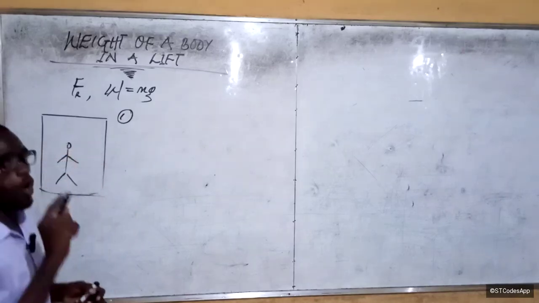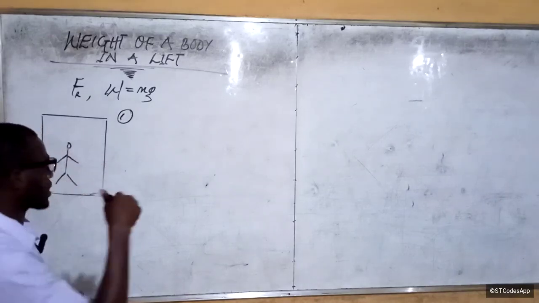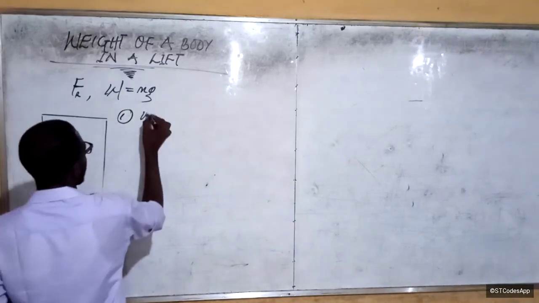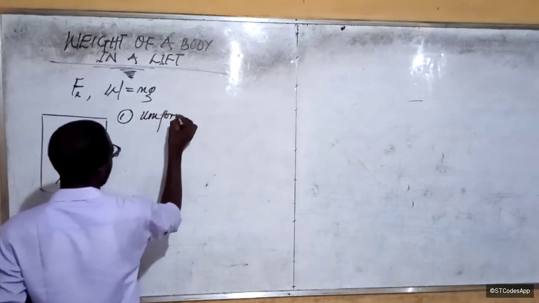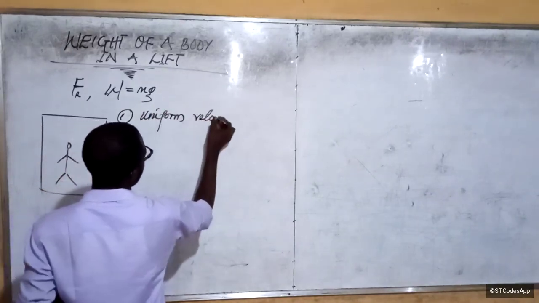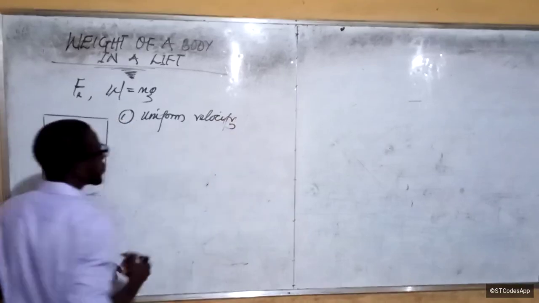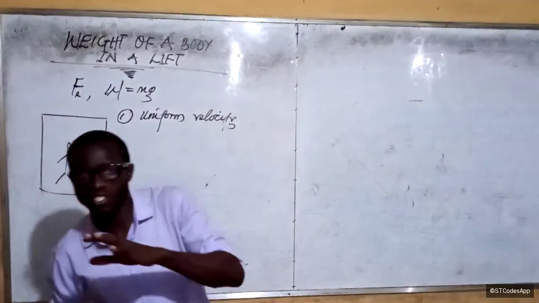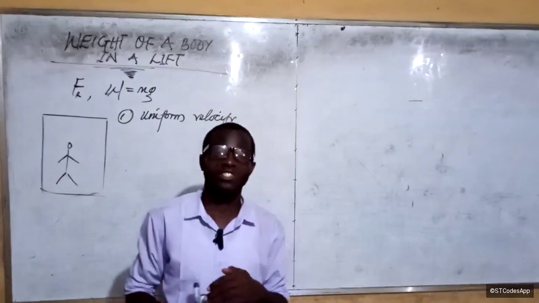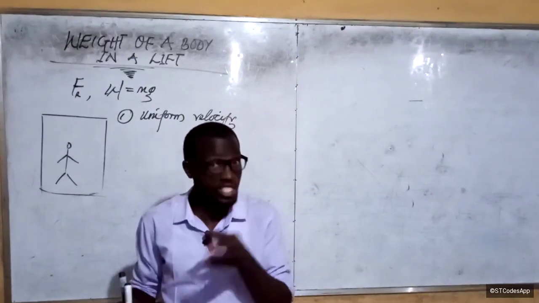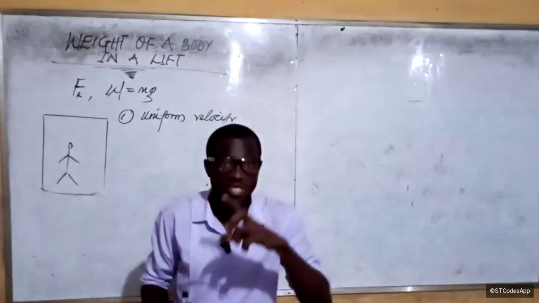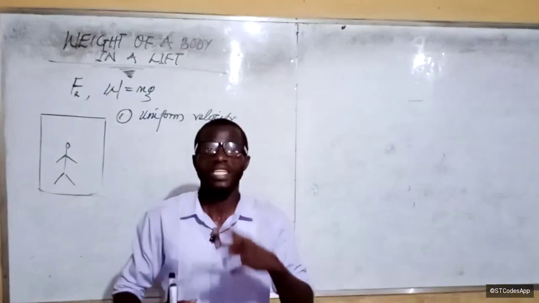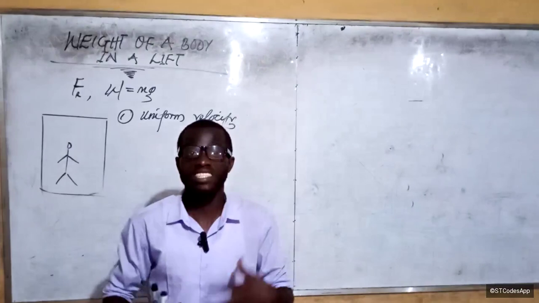If the body is going upward or downward with a uniform velocity, what does that mean? It means that there is no acceleration. Acceleration is 0 because acceleration is changing velocity here.